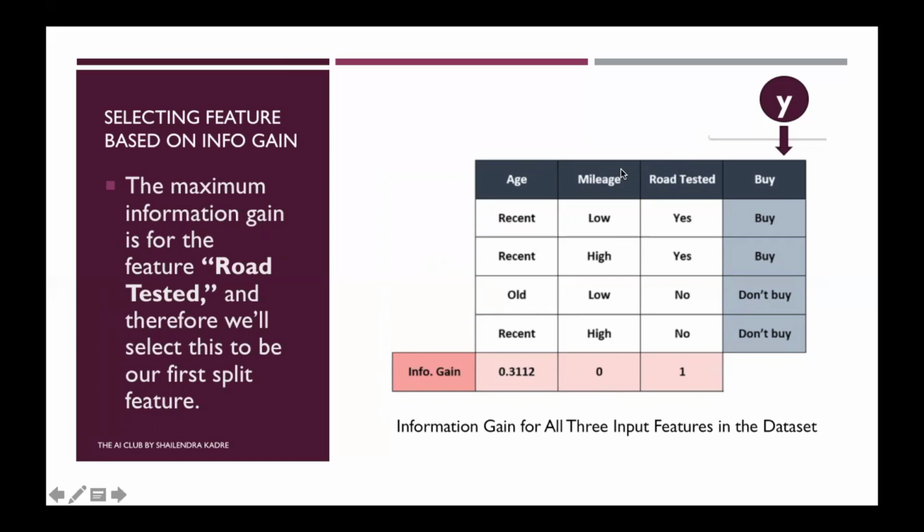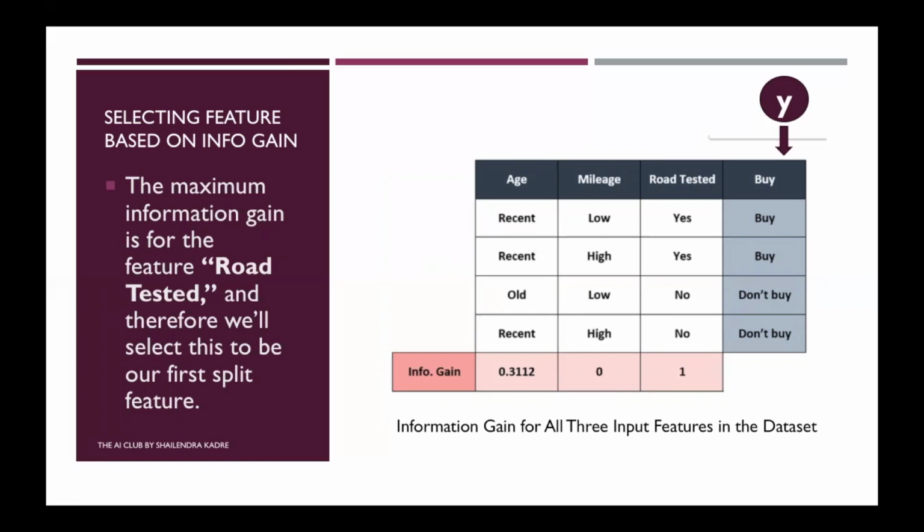If we take mileage as the root node and try splitting, we get information gain as 0. And if we take the road tested feature as the root node, then the information gain is 1. So just think and tell which feature should be used for the root node.